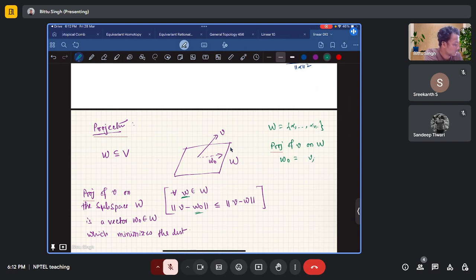First, let us take the projection on the alpha i direction. It is given by this formula, and then just take the sum of all those things, i equal to 1 to n. This will give you the projection of V on this subspace W, and this is actually called orthogonal projection.